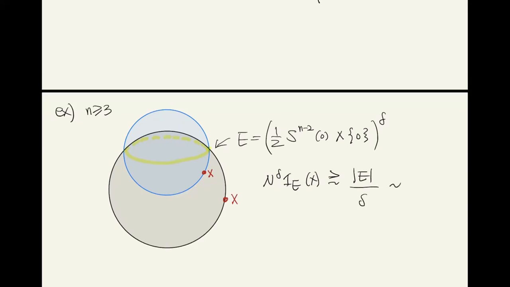So this is about delta. And also any point in between these two spheres: if x is here, one can consider another sphere with different radius containing the set E. So for such x, the measure of this set is about 1.